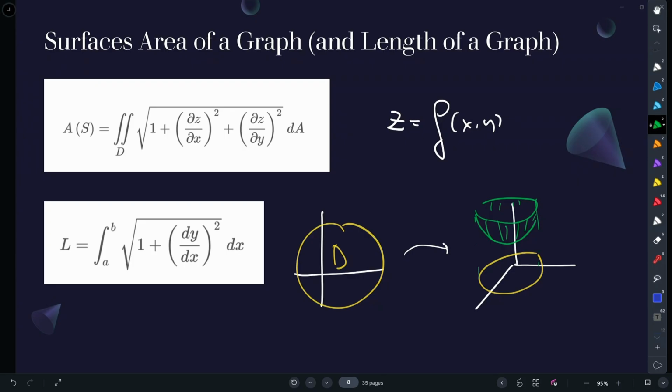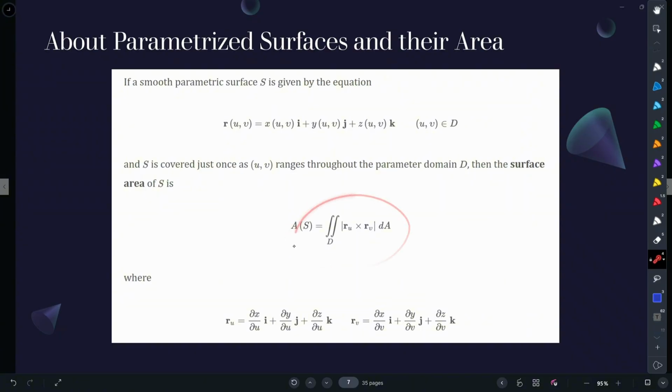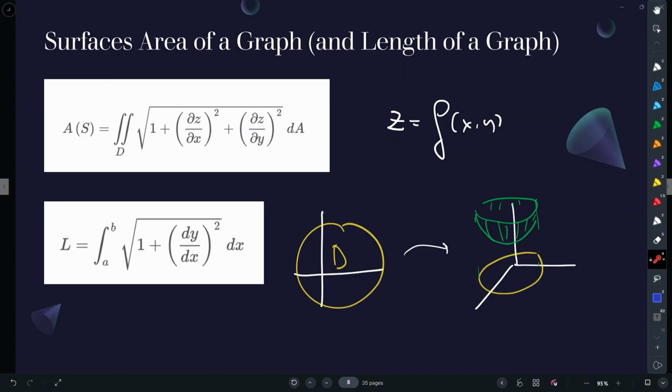When the graph is just a function, the formulas we learned in terms of cross products simplify quite a bit. For the surface integral, you do the integral in area above D of the square root of 1 plus the square of the partial derivatives of your function f.